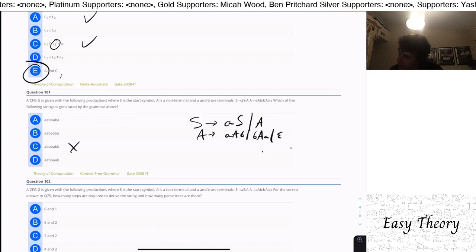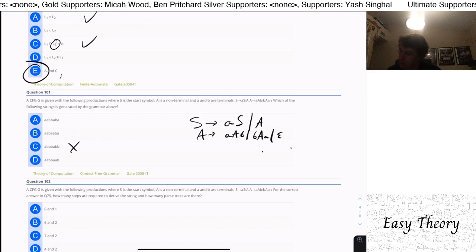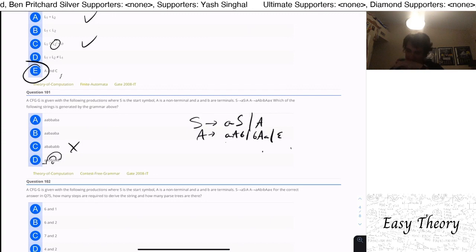Could it make D? Yeah, because it can make a single A at the front. This A matches with this B. This A matches with that B. This A matches with that B because they're always different. Here, they're always different characters.